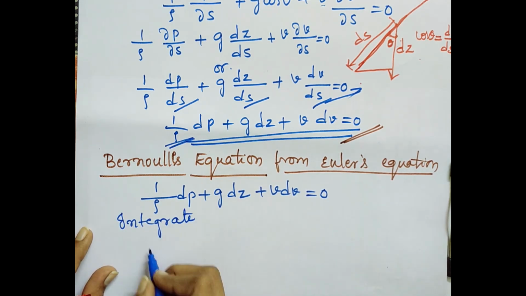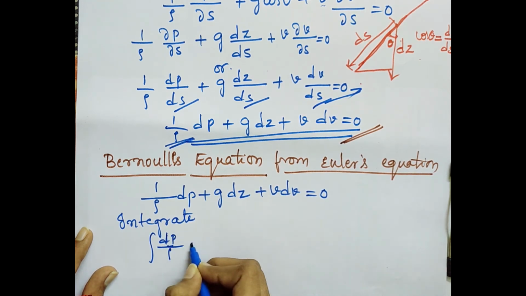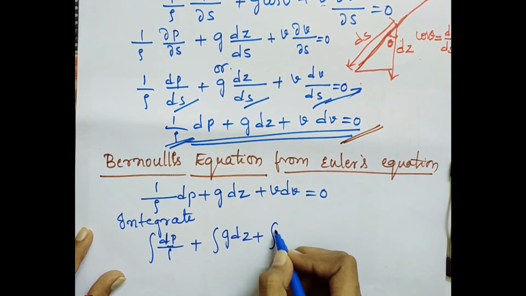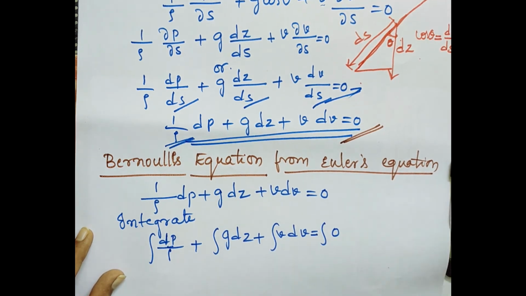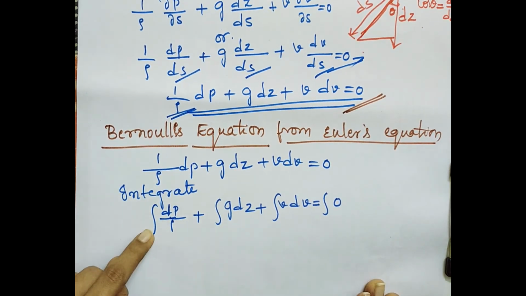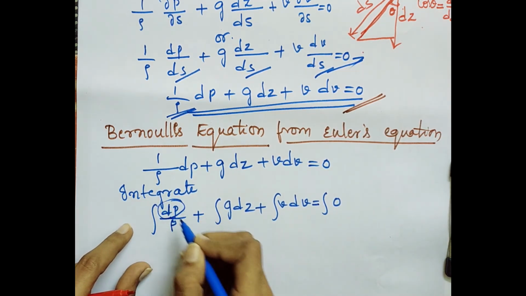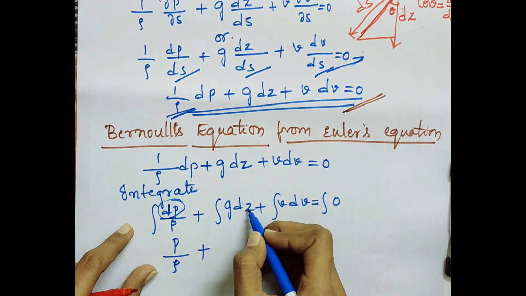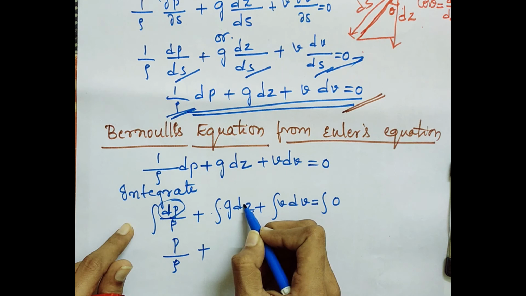If you integrate this equation, that is integral of dp by rho plus integral of g into dz plus integral of v into dv is equal to integral of 0. So the integration of 1 by rho into dp, the integration of dp is p, you will get p by rho, plus g is constant, the integral of dz. Here the integral will get cancelled with the derivative.